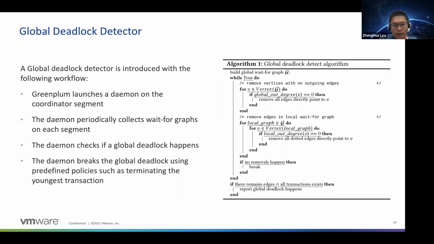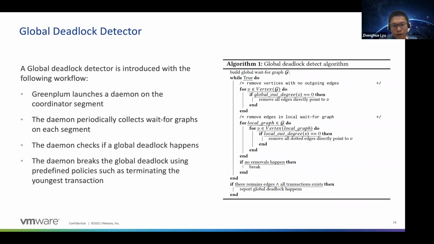Next, we go through each local graph and find those vertices without any outgoing edges, and find all the edges in this vertex.